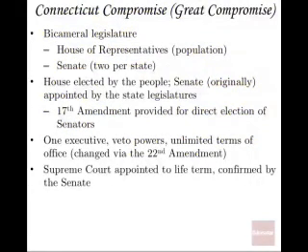So the Connecticut Compromise, or the Great Compromise, was exactly how it sounds. You took some elements of the New Jersey Plan, mostly the Virginia Plan, and they came up with something that was not necessarily perfect, but something that satisfied contingents of both the small and the large states.